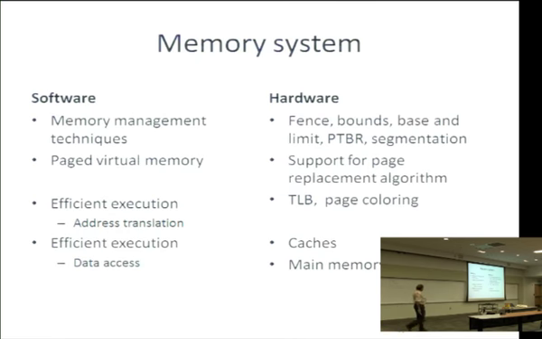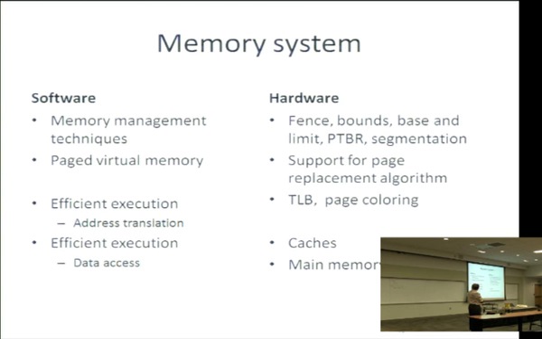On the hardware side, we looked at what is required. First of all, in just sort of understanding why we needed memory management in the first place, and we looked at that aspect of it, and then we said, what is it that we need in hardware to support memory management, and then what are the different, if you have paging, what are the different techniques for doing page replacements and things like that, right?